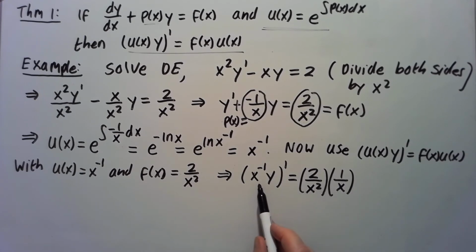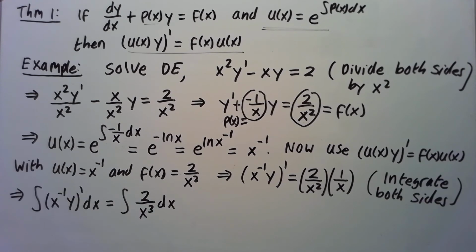Now our objective is to solve for y, so let's integrate both sides. Integrating both sides, we have the integral of x to the minus 1 times y derivative dx equals the integral of 2 over x cubed dx.